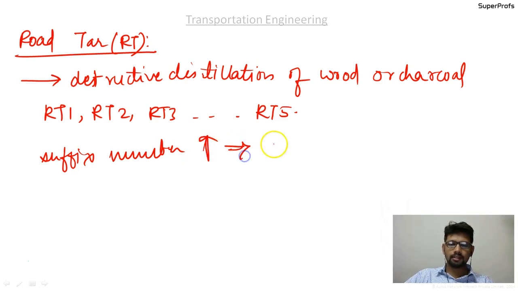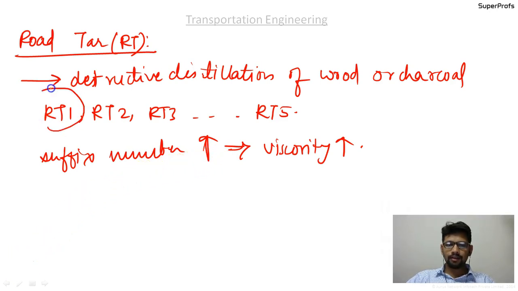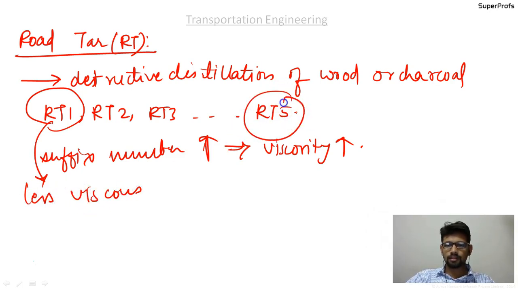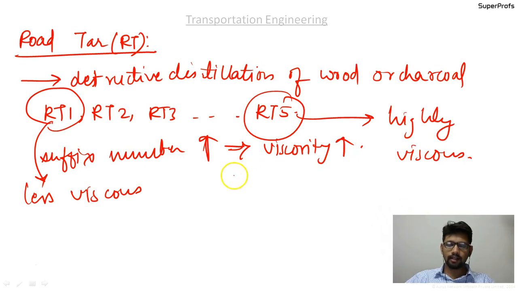As the number increases, the viscosity also increases. So RT1 has got less viscosity, and this one is highly viscous.